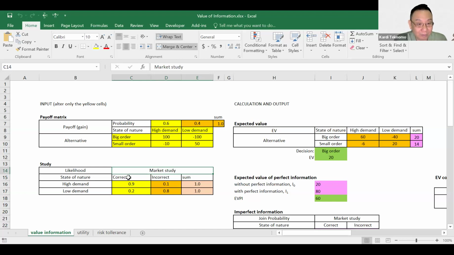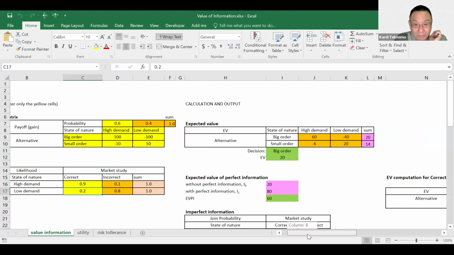The market study can be correct or incorrect, right? If the market study is correct, say this is the result given. Because this is in yellow, you can fill it up. So high demand will be 90%, low demand will be 0.2.